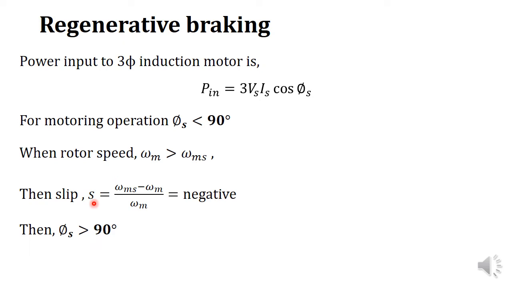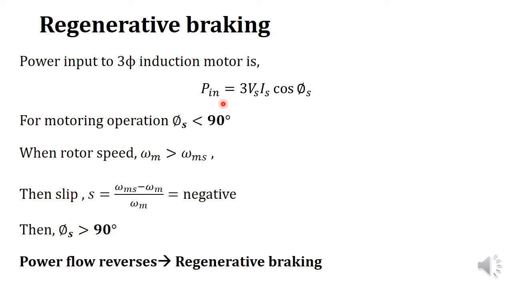That means if slip S is negative, phi s becomes greater than 90 degrees, cos phi s will become negative, so input power Pin will become negative. That means the flow of power will be from load to source. If it happens, then it will be regenerative braking. Thus, regenerative braking is achieved.